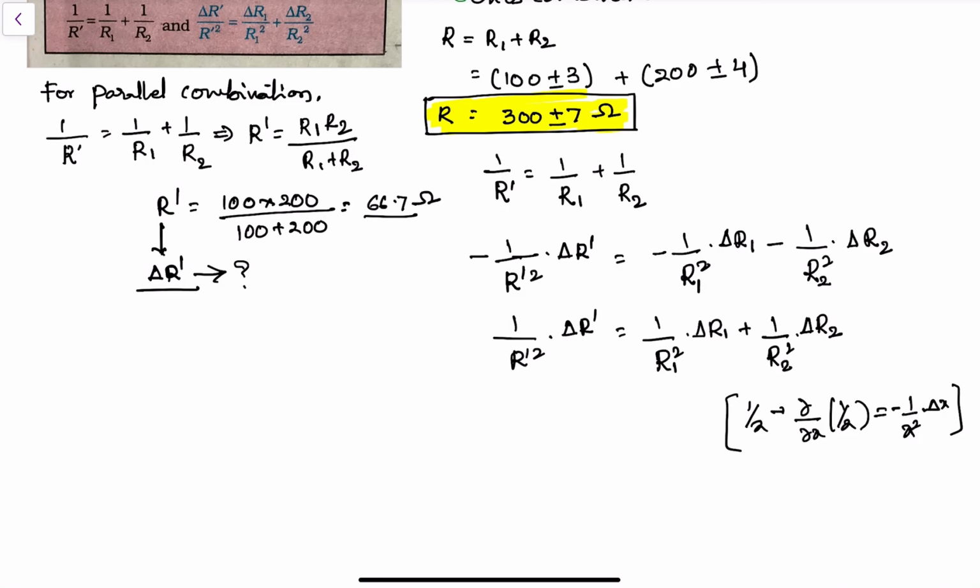Similarly, dou by dou r of 1 by r is minus 1 by r square into delta r. You will come to know this procedure in derivatives in maths. You will get it now.